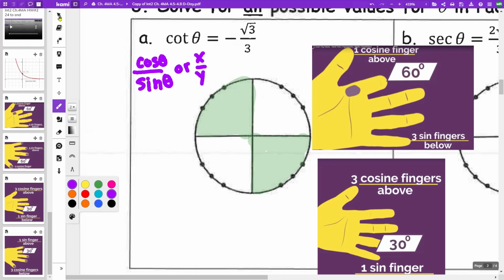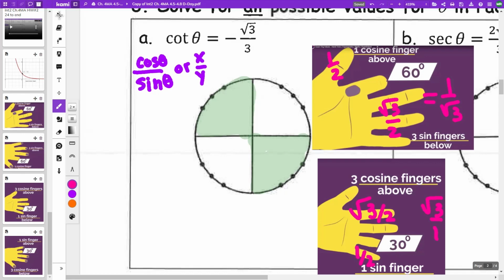So when I'm looking over here, this is going to be a 1/2 comma root 3/2. But this I don't want to flip because I want cotangent. So that would end up giving me a 1 over root 3. This one would give me a root 3/2 comma 1/2, and that would give me a root 3 over 1.